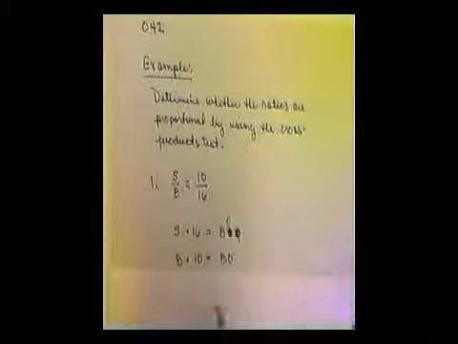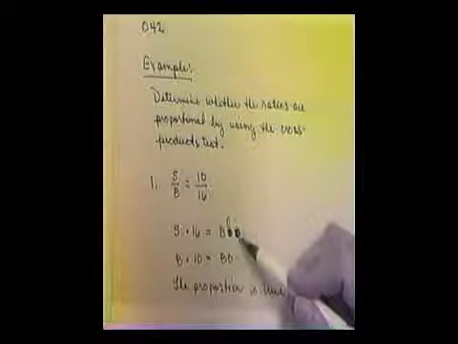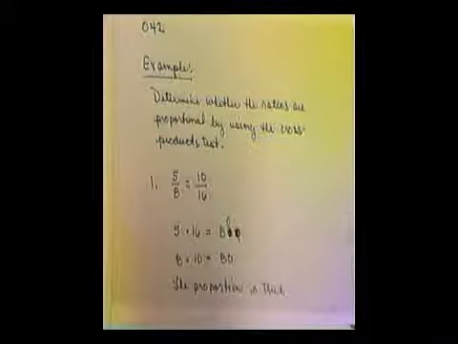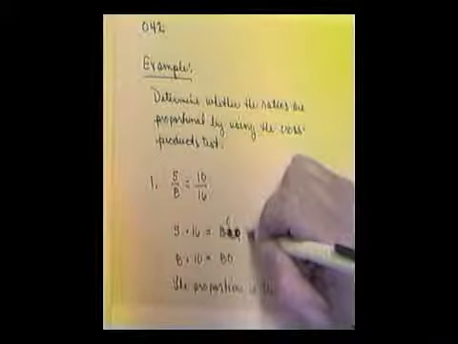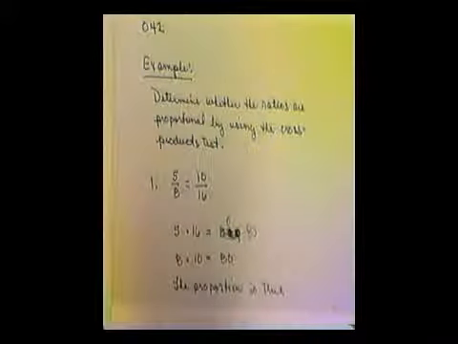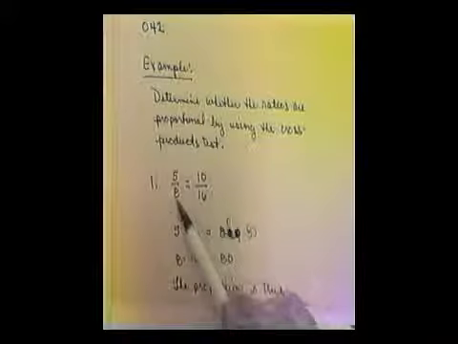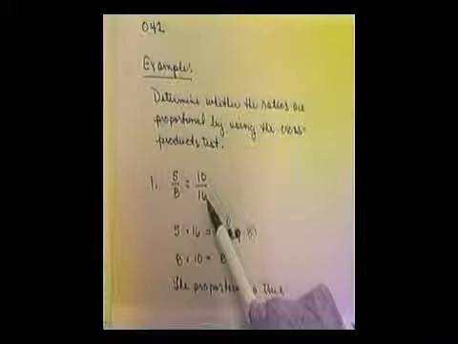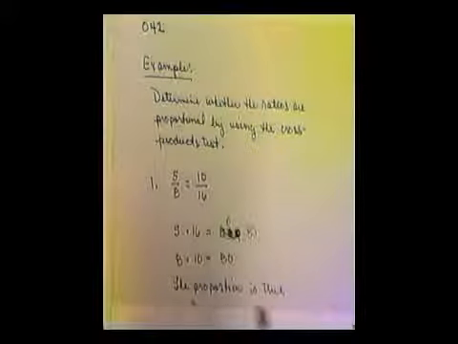And 8 times 10 is equal to 80. The proportion is true because these values are equivalent. The product of the means is equal to the product of the extremes. The proportion is true.